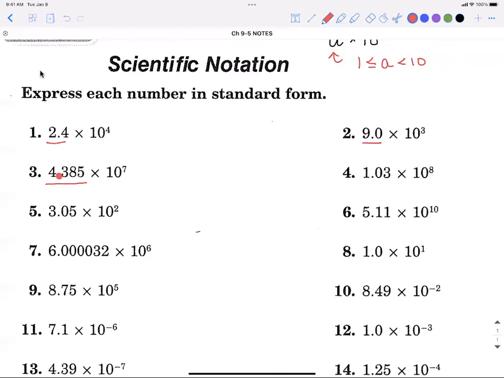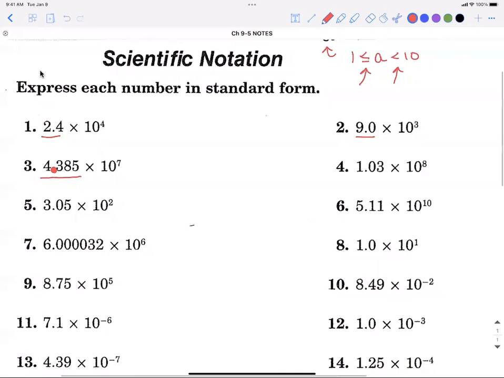It can be a 1, but it can't be a 10. Notice it says greater than or equal to 1, but less than 10, because if it's an actual 10, we would move the decimal place over one more and make it a 1. So you're never going to have a 10. You're going to have anything starting at 1 and up to just shy of 10. So 9.9999999 forever would be the biggest A you could have.